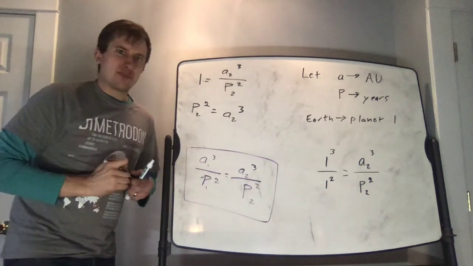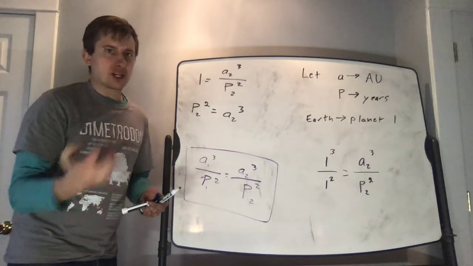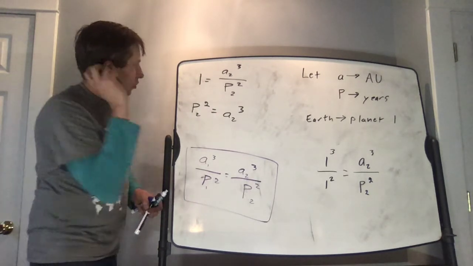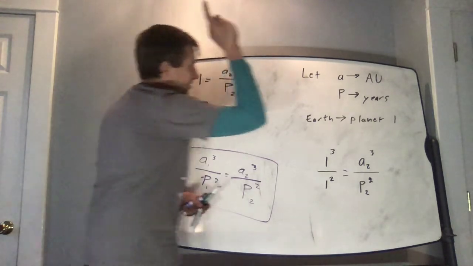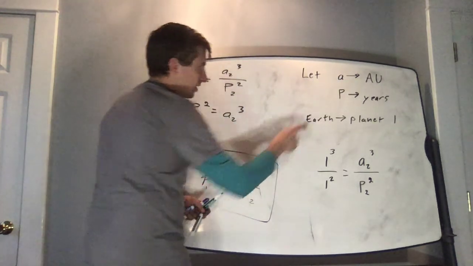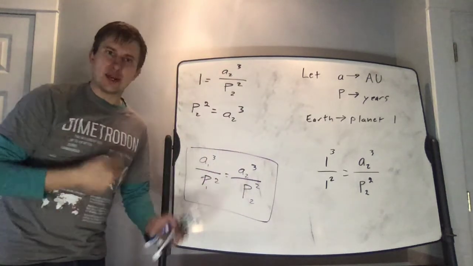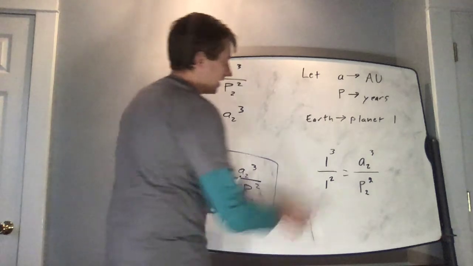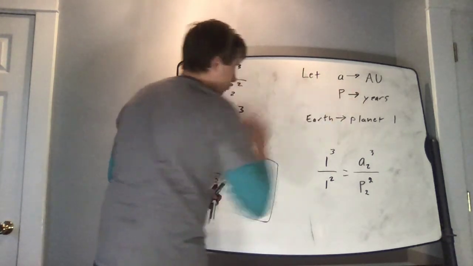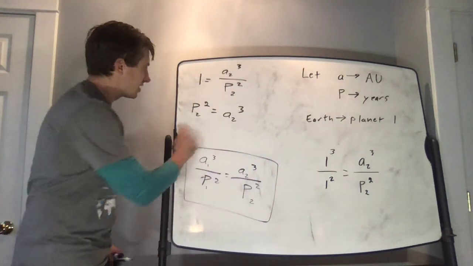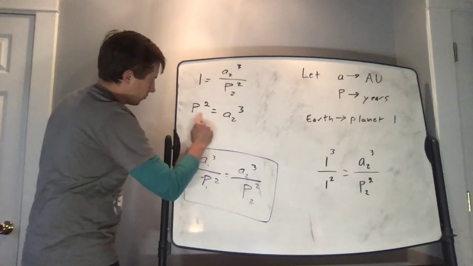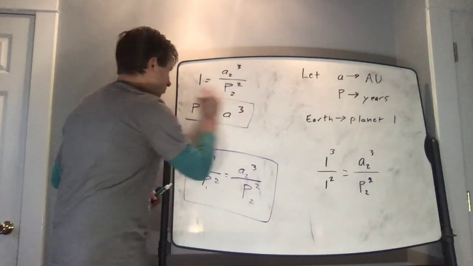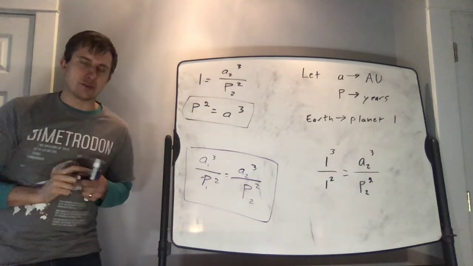And at this point, because we're talking about another planet in the solar system and we're comparing it to the Earth, we already set the distance from the Earth to the Sun to be the number 1, and the amount of time it takes the Earth to orbit the Sun to be the number 1. We just said the distance we're measuring in astronomical units and the time we're measuring in years, so we don't really need this subscript anymore. And we get a simpler version of Kepler's third law for when we're considering objects orbiting the Sun.